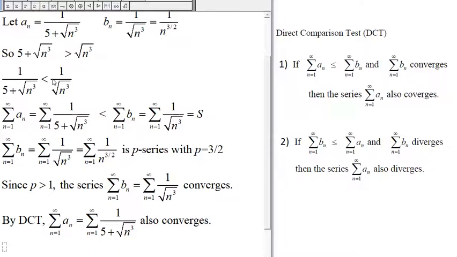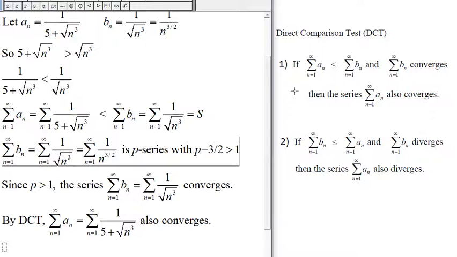And then next, we show that the series 1 divided by the square root of n to the third, which is the same as 1 divided by n to the 3 halves, is a p series with p equal to 3 halves, and this is greater than 1. And we know that if we have a p series with p greater than 1, then the series converges.